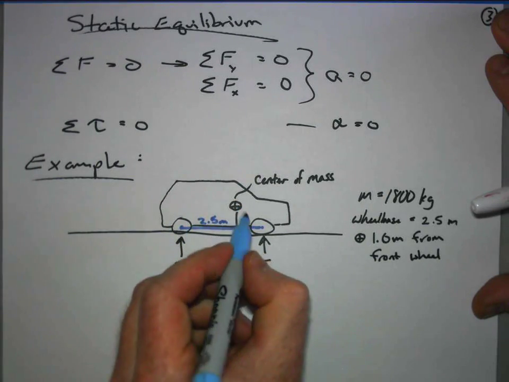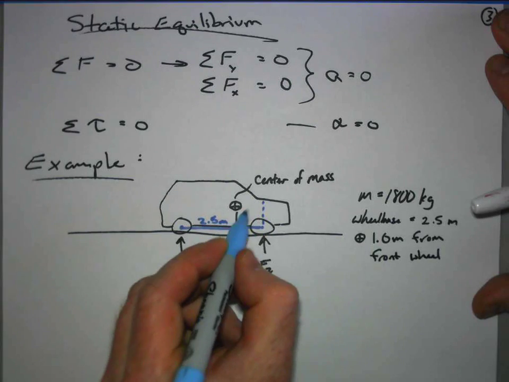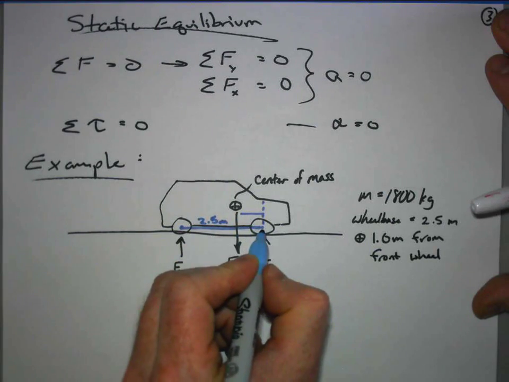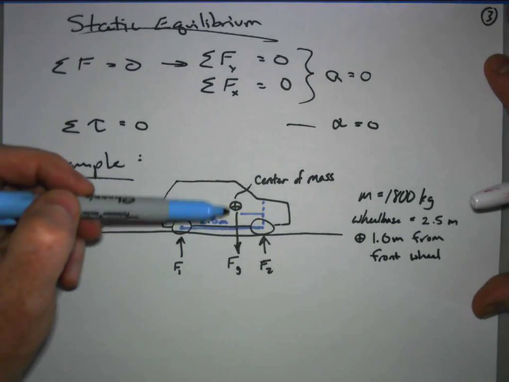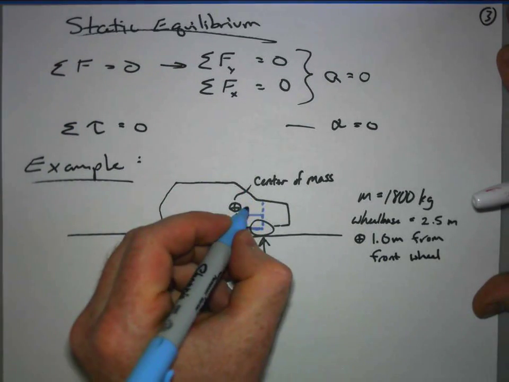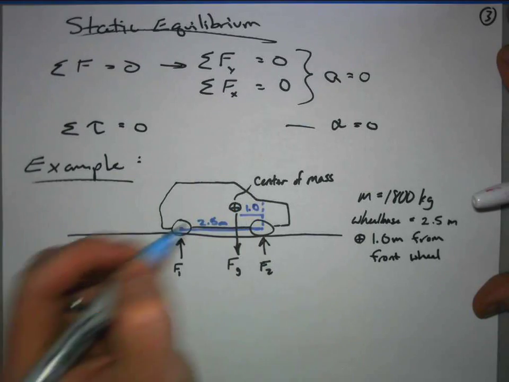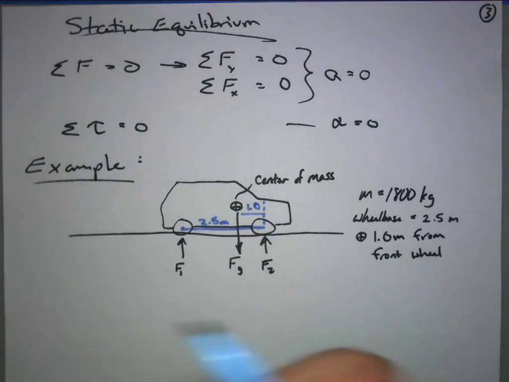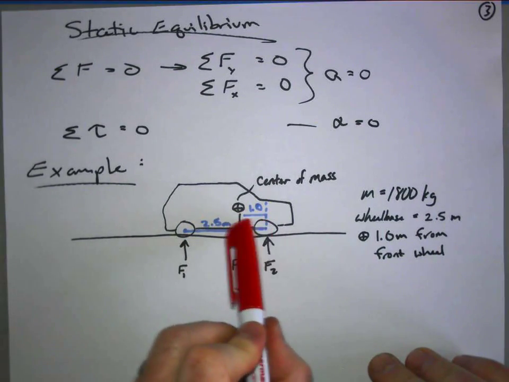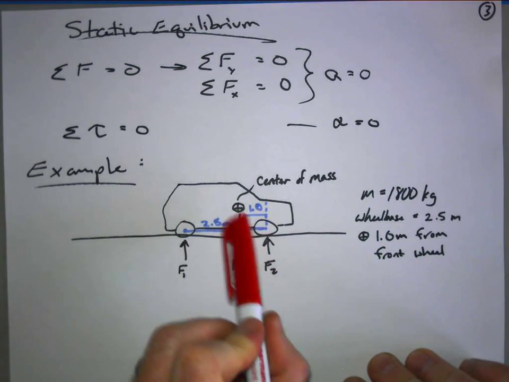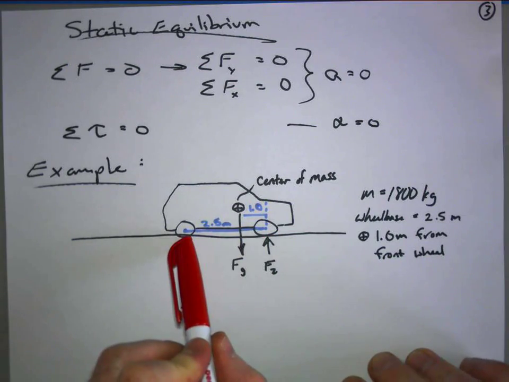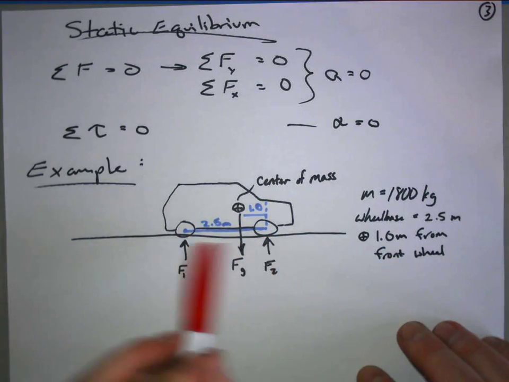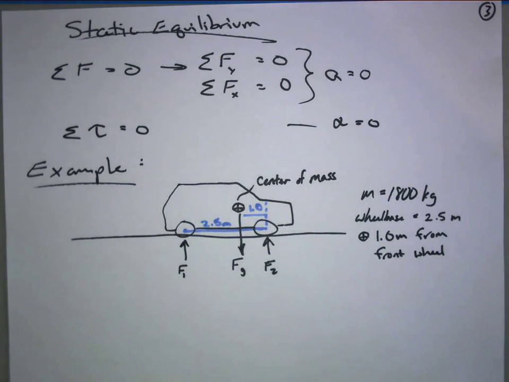And I have a distance from the front wheel to the center of mass, just a horizontal distance here. I'm not going to get into the vertical position of the center of mass. That's a little more than we need to worry about. So I have 1 meter distance horizontally from the front wheel to the center of mass. I have 2.5 meters horizontally from one wheel to the other. And that's what we mean by wheelbase.